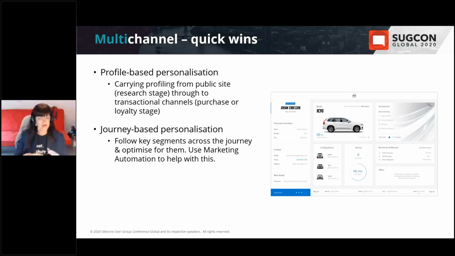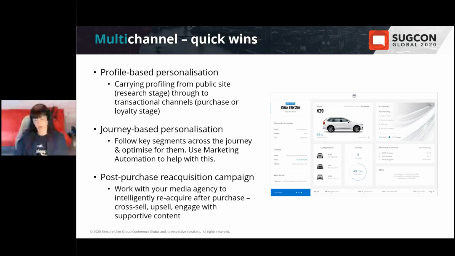And then something which is really cool if you can get it happening is a post-purchase reacquisition campaign. And the only reason, by the way, that you can't get this happening is you haven't tried. So this is where you work with a media agency or whoever's buying your ads or doing your emails or what have you, to intelligently reacquire the customer after purchase. There's nothing more annoying than buying something from the site and then getting ads to go buy the same thing back on the site.